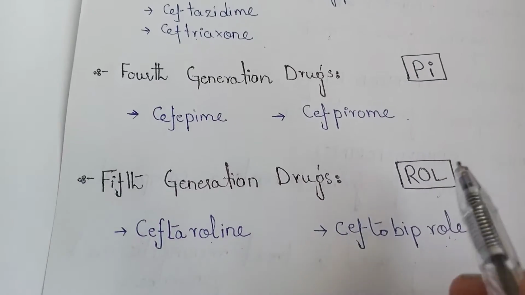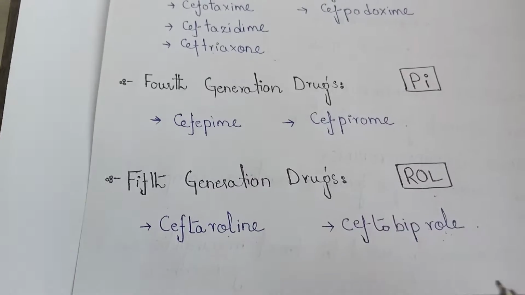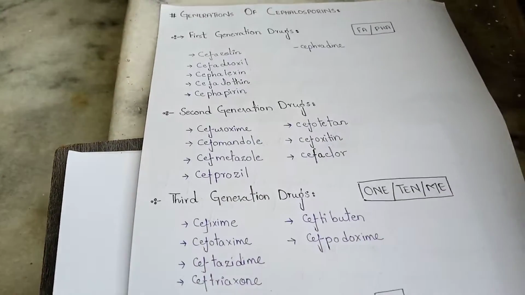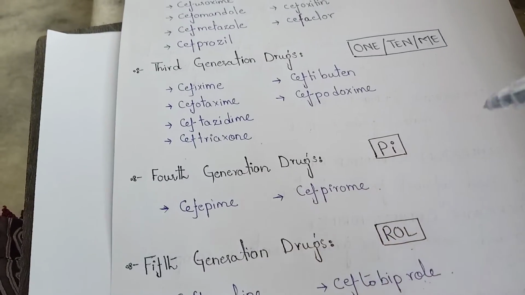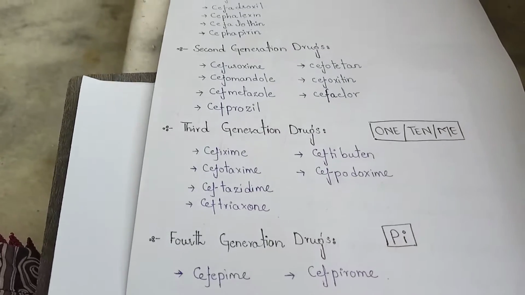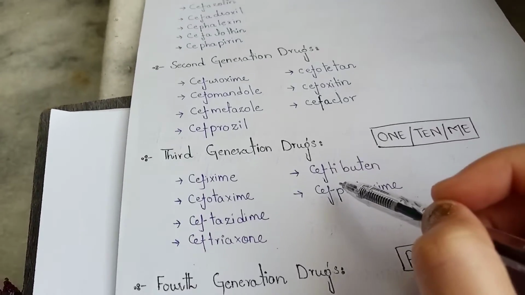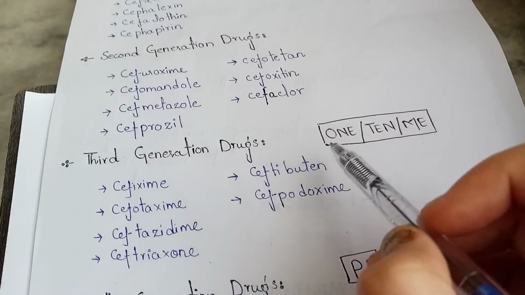And you have to look at it in a sequence. For example, first you look at the first generation drugs, then the fourth, means you first look at the alphabet A, then the pi, then the role. Then you have to move onwards towards third generation drugs. For that you have to remember 110 and me.